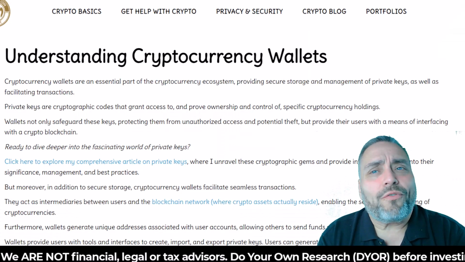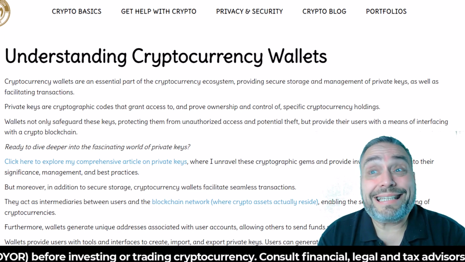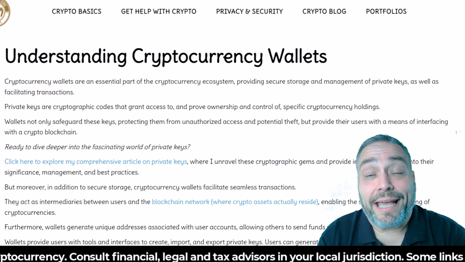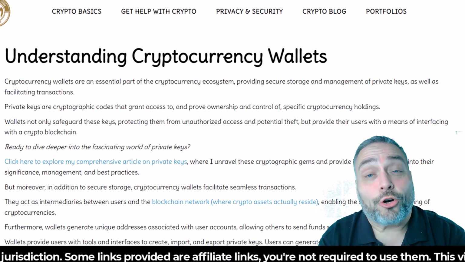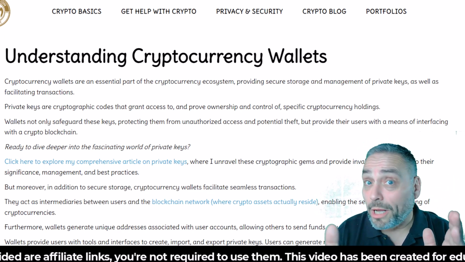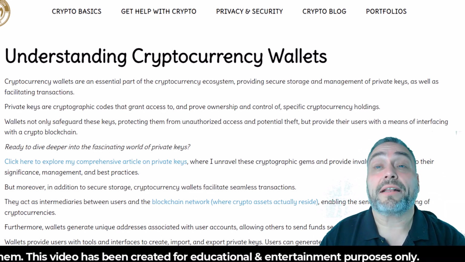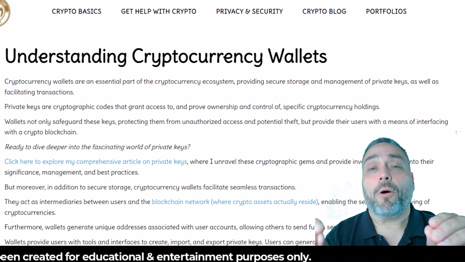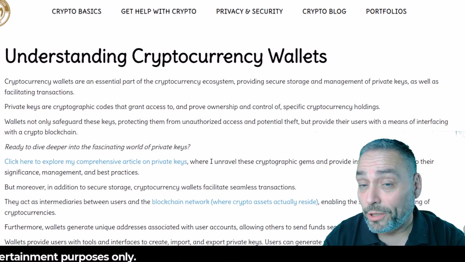The wallets don't physically hold any cryptocurrency. Cryptocurrency is nothing more than a cryptographic hash on the blockchain. And your cryptocurrency wallet, custodial or non-custodial, gives you the ability to access those and interact with them. However, how it interacts depends on if it's custodial or non-custodial.